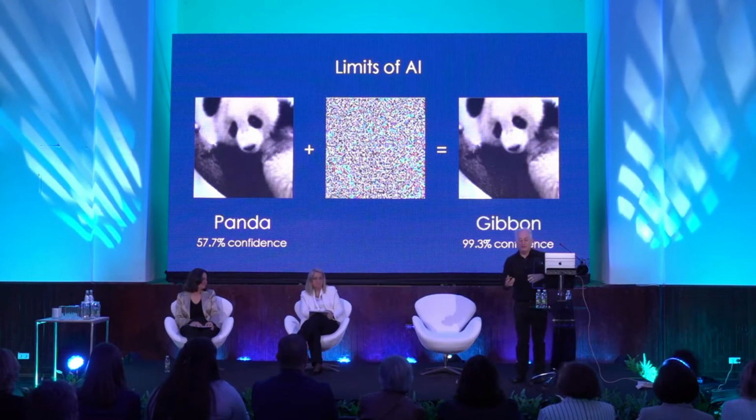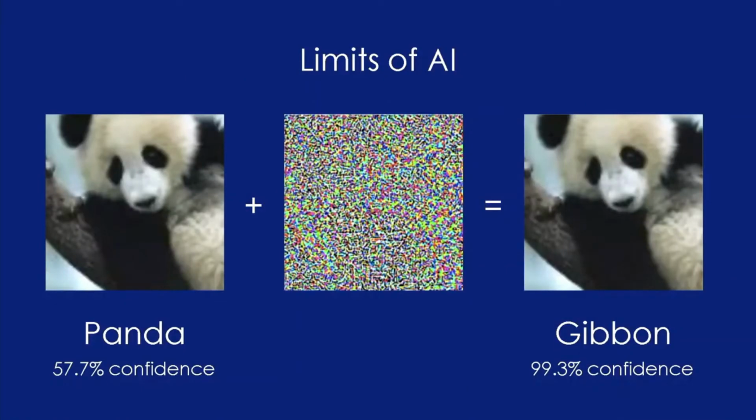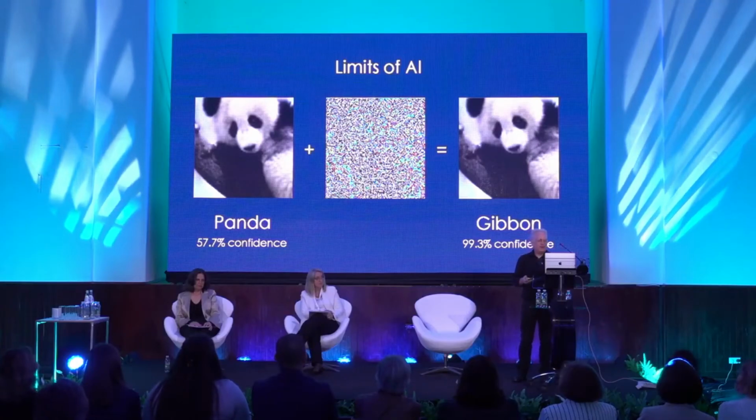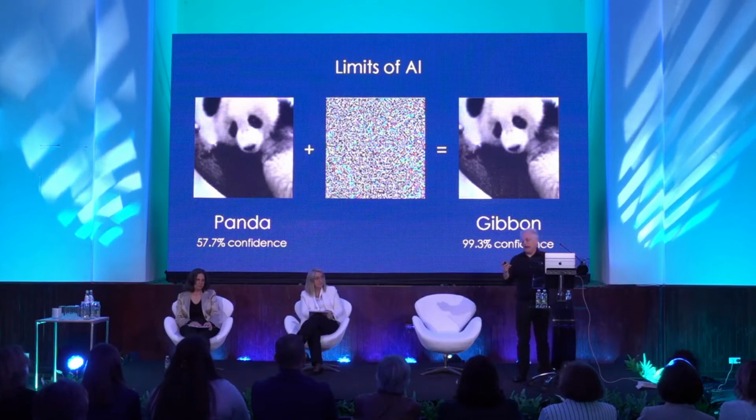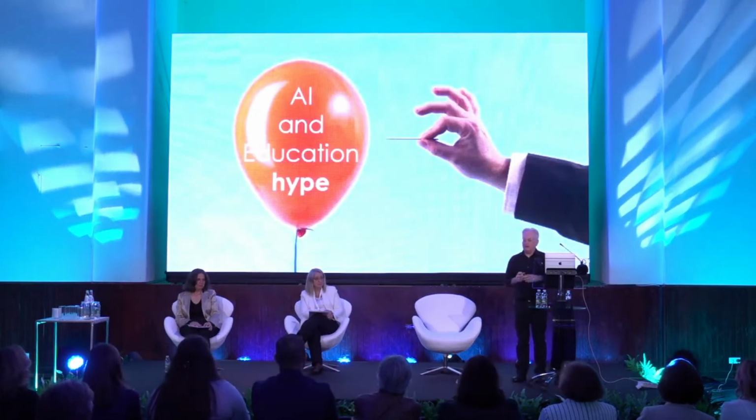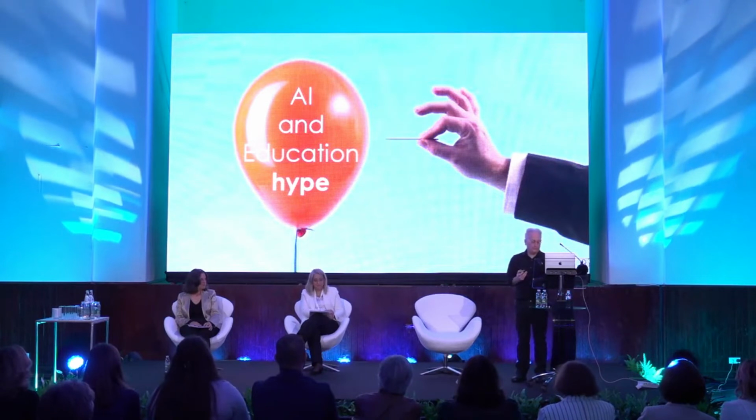Problem is, it's now confident it's a gibbon. So my point is that AI is very brittle. It can work in perfect circumstances, but as soon as the circumstances change a little, all we did was add a little bit of noise, the AI collapses. There are many other examples like this. And so then how do we take those ideas into education?